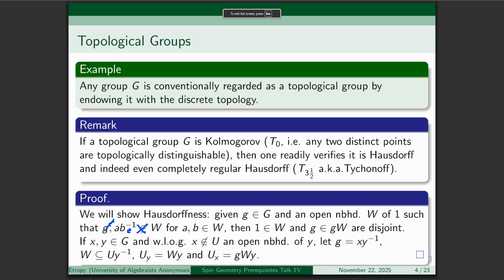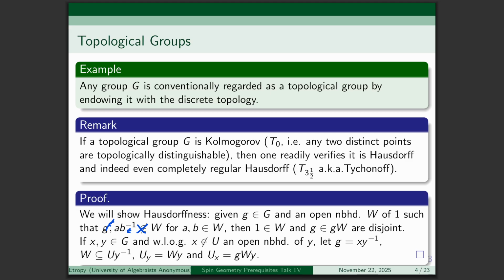So we can again shift our situation to have the neutral element and our g. For now, let's suppose that we have some open neighborhood of our neutral element. We can take a smaller neighborhood such that any quotient of 2 elements in the small neighborhood is still in the neighborhood. Why we can do this is specifically because we've assumed that all operations are continuous.